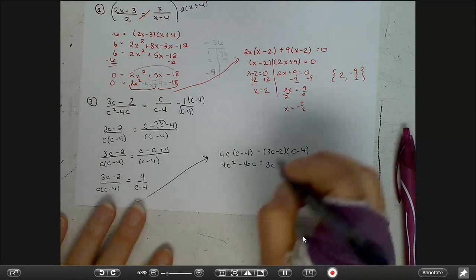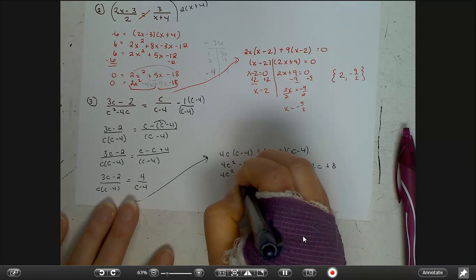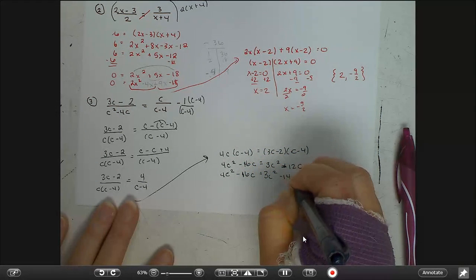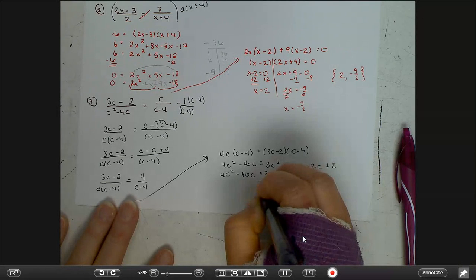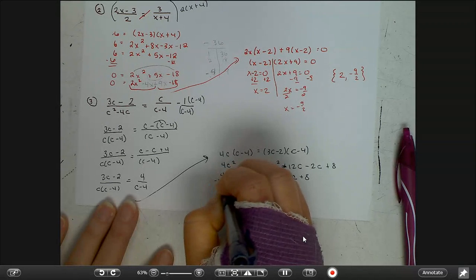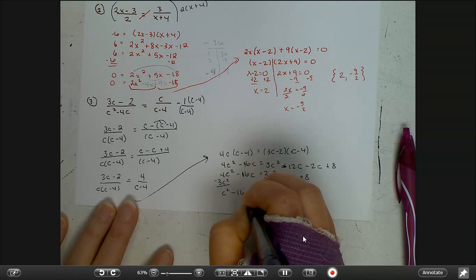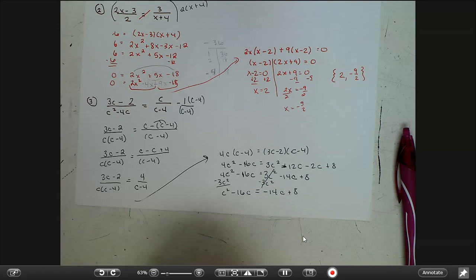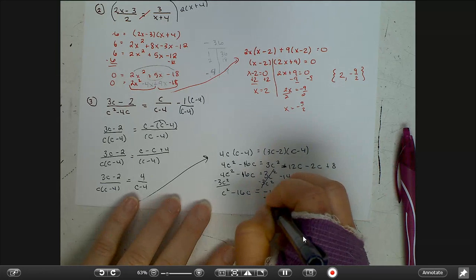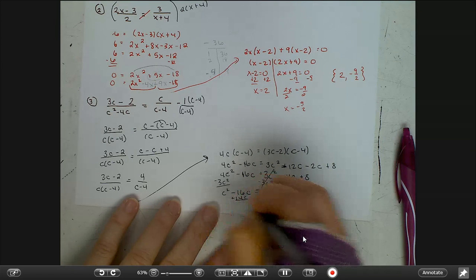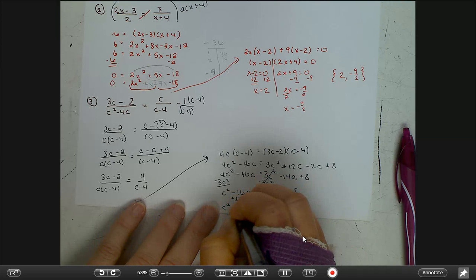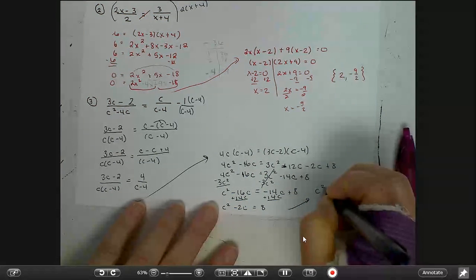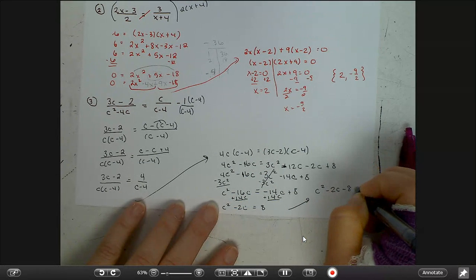It is quadratic, so we're going to combine first and then move stuff over. Combine like terms. I'm going to move the 3c squared. And obviously you can do this in fewer steps, but I'm just going to do it completely. Right now just solving for 0. And subtract the 8. So we end up with c squared minus 2c minus 8 equals 0.